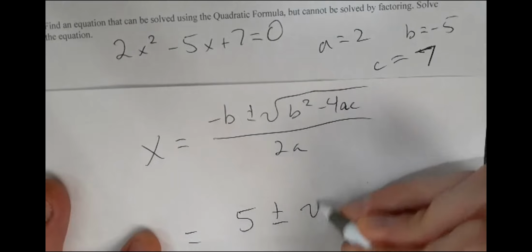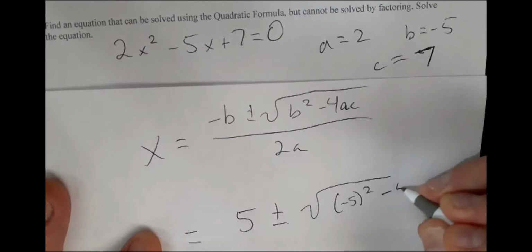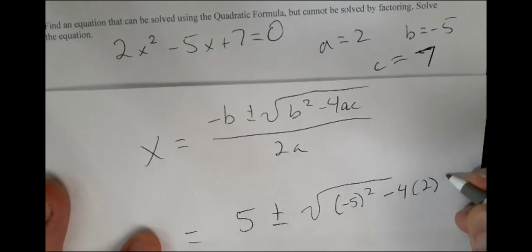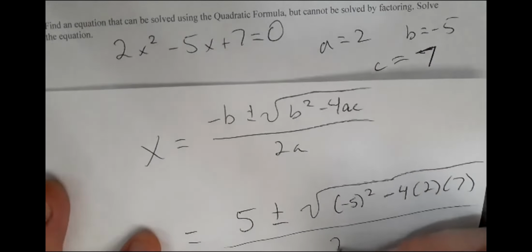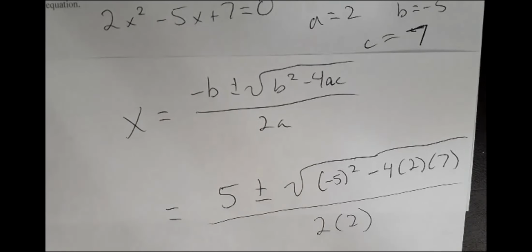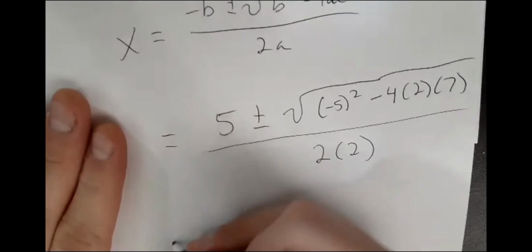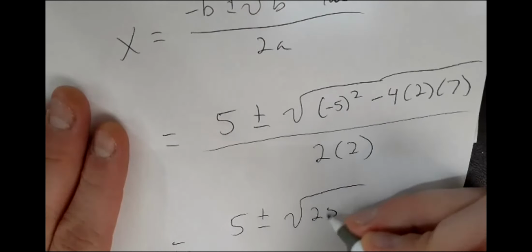So this is plus or minus. My b squared is a minus 5 squared. I do minus 4 times a times c, and divide this all over 2a, which is 2 times 2. This is 5 plus or minus root. This looks like 25.